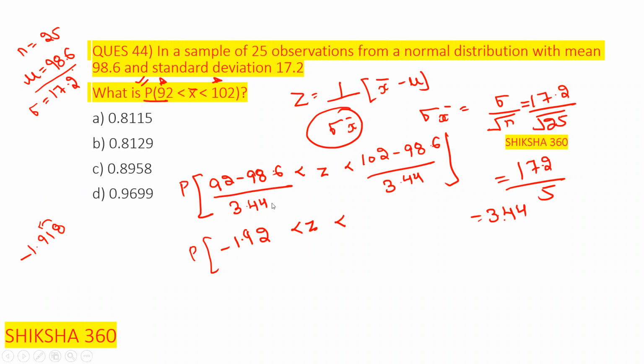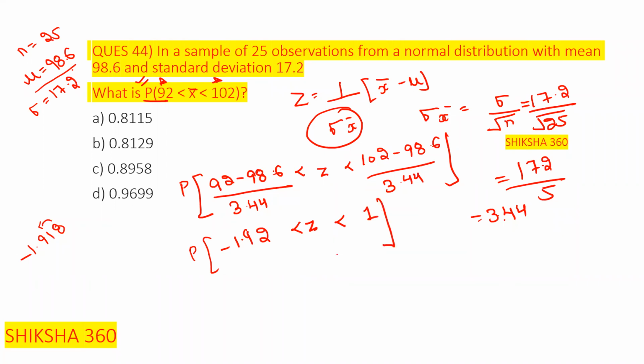And here, 102 minus 98.6 divided by 3.44, approximately we will get it as 1.